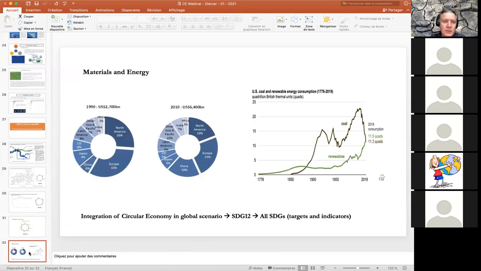My last comment is about what I said at the beginning. If you speak about circularity, but you are not able to make the connection between materials and energy, I think you don't really understand what circularity means. As I know, we consume more and more energy. And if we check today the tendency of energy consumption, it's very high.